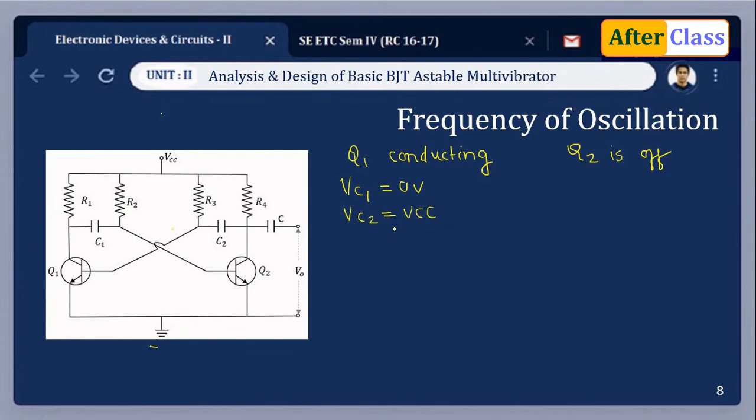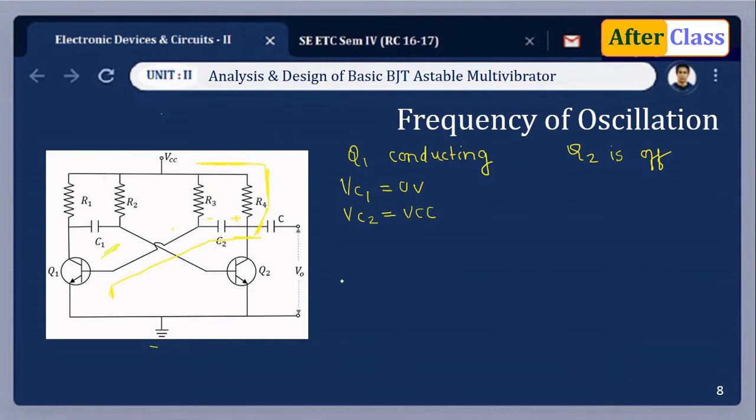Now due to the higher voltage at VC2, the capacitor C2 will be charged via R4 with this as the polarity. It will offer a low resistance path because R4 is less than R2.